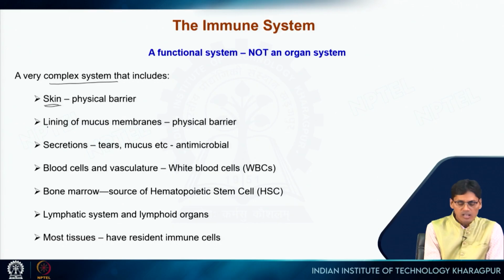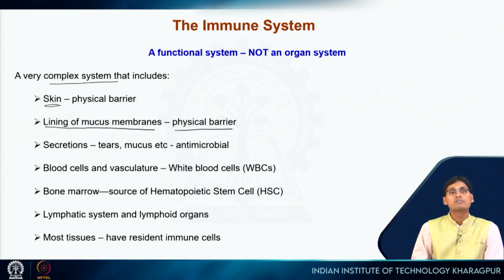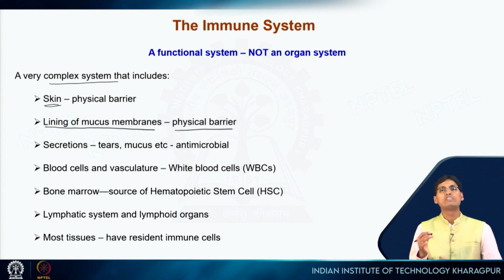And the lining of mucous membrane is also a physical barrier, and from this mucous layer different types of antimicrobial peptides are also secreted. So this also gives us protection from these microbes.